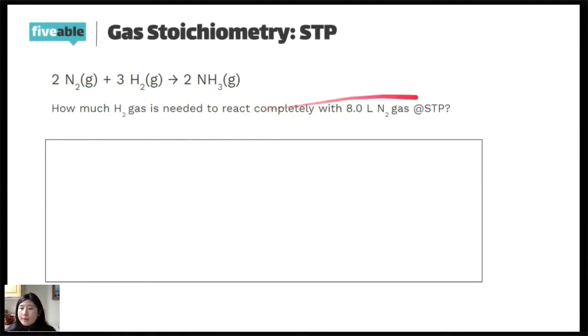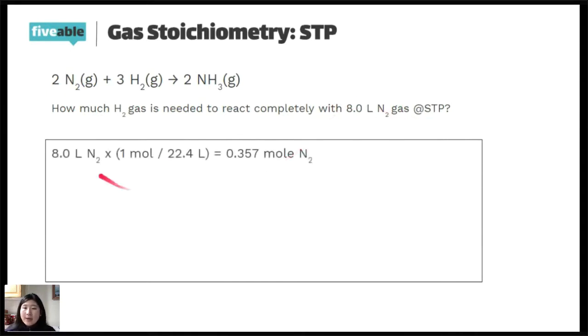So we see that we have 8 liters of nitrogen gas. And remember, at STP, 1 mole of gas equals 22.4 liters of gas. So we're going to convert this into moles. That means we're going to put 8.0 liters and divide it by 22.4.